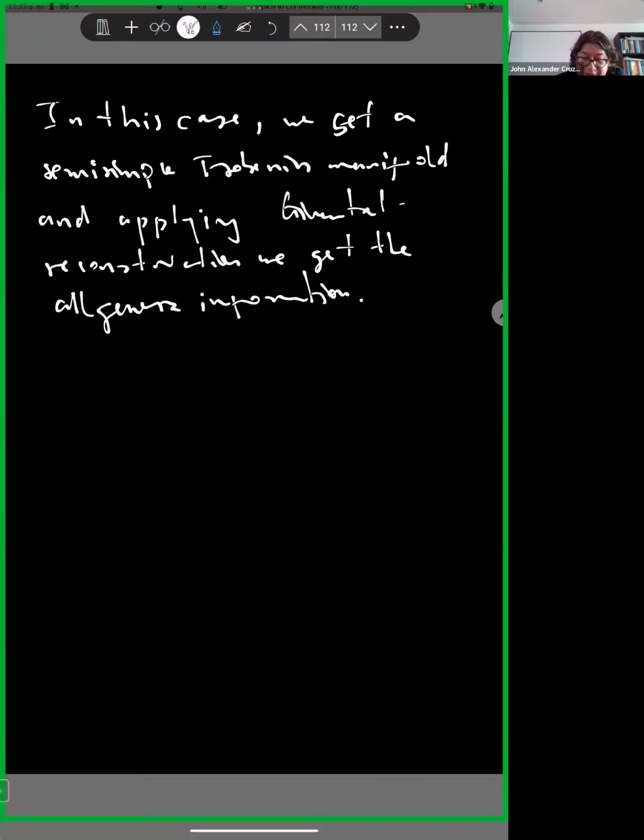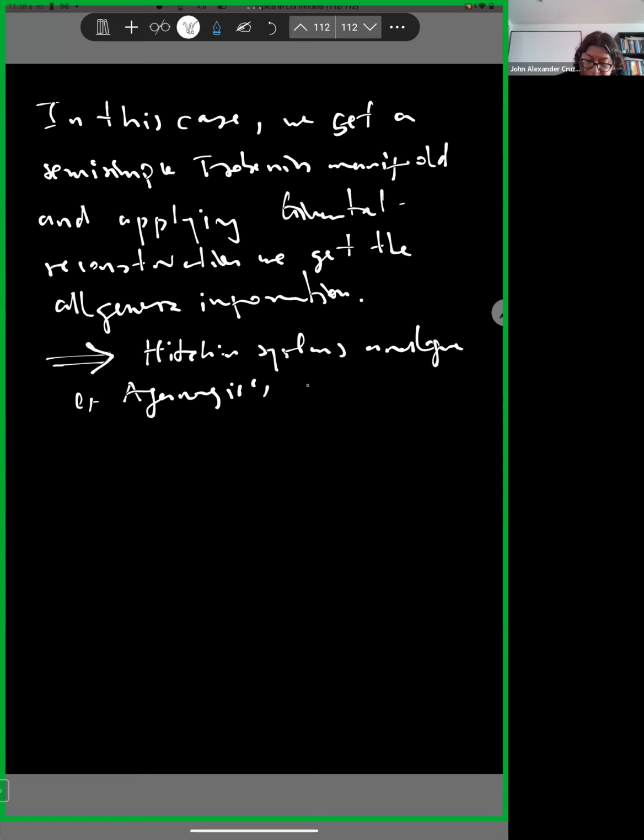And as a corollary, in one formula, we get a Hitchin system analog of Aganagi, sorry, for the equivariant mirror symmetry.